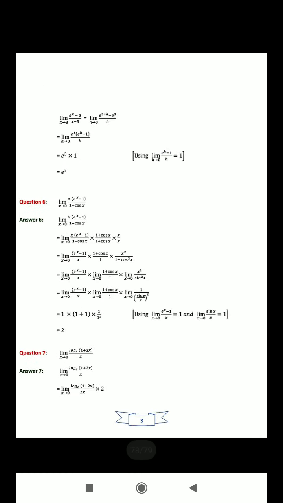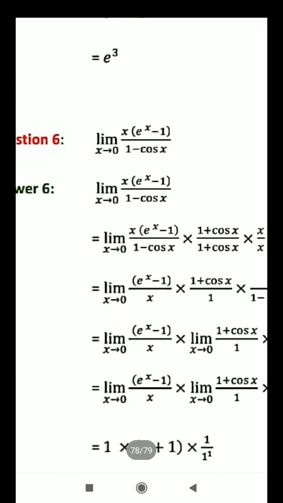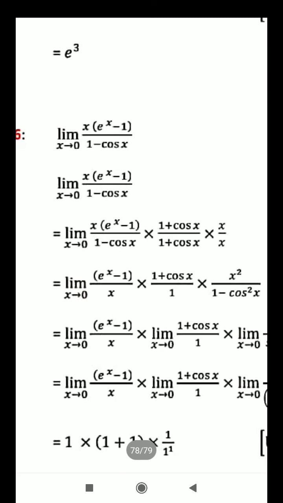Next question number 6 is limit x tends to 0, e raised to power x minus 1 upon 1 minus cos x. So how to solve this question? First of all, I will modify it like this. To make this as 1, e raised to power x minus 1, you should have x in the denominator. So I am multiplying by x in the denominator and x in the numerator. Secondly, I am rationalizing this 1 minus cos x.